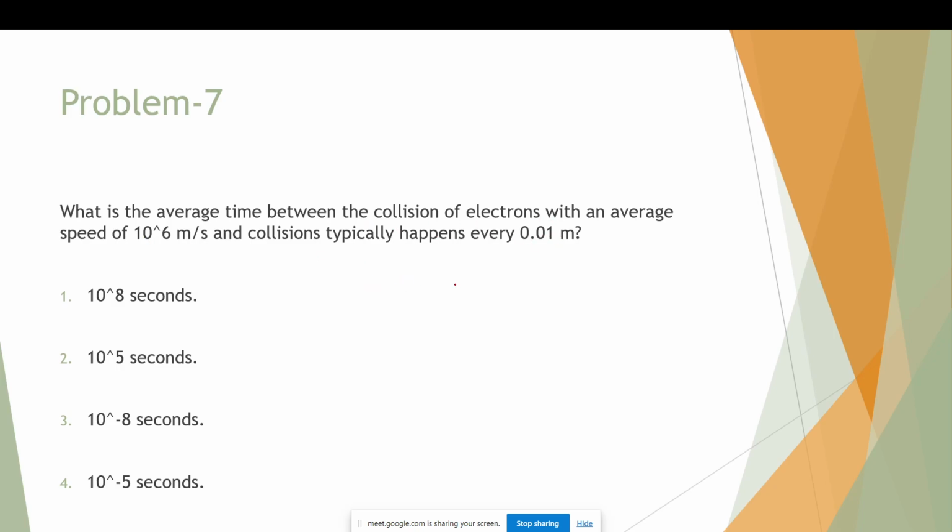So that will be nothing but 0.01 divided by 10 power 6 seconds, which is 10 power minus 8 seconds. They have told the typical distance between which the collision will happen, and they have also given the speed. So we can easily calculate the time.